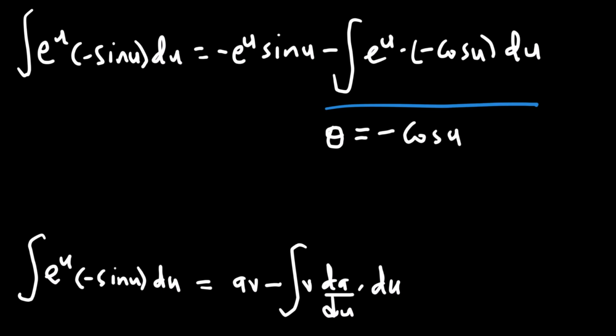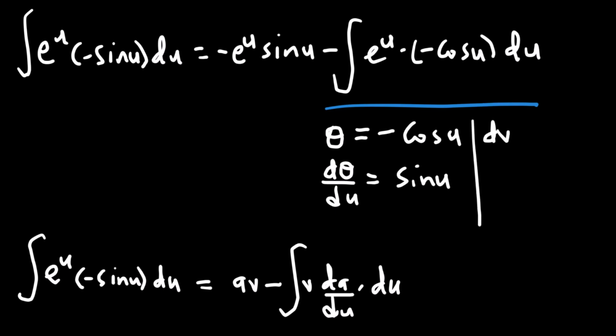If we differentiate this, d theta/du will be equal to negative negative sine u, which is positive sine u. And if we set dv/du to be equal to e to the power of u, if we cross multiply, dv will be equal to e to the power of u times du.